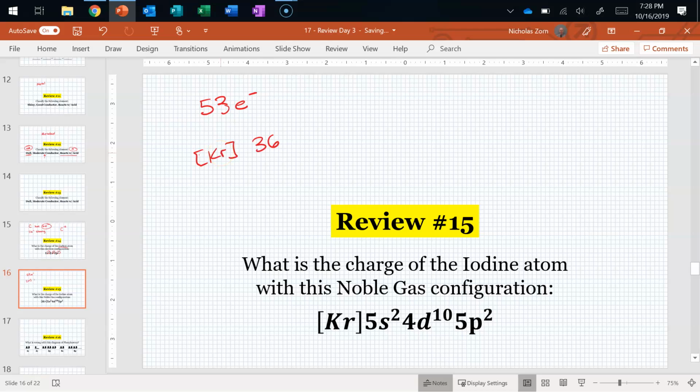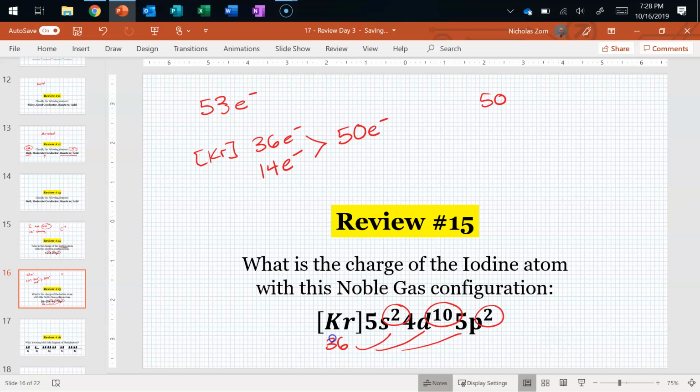So krypton has 36 electrons. And then I see an additional 2, 4, and 14. So there's another 14 electrons in the configuration. If I add these together, I get 50 electrons. So I'm basically taking the 36 from krypton and then adding it to these right here.